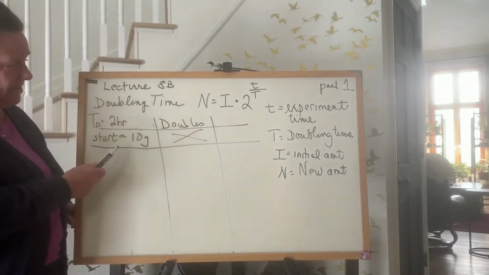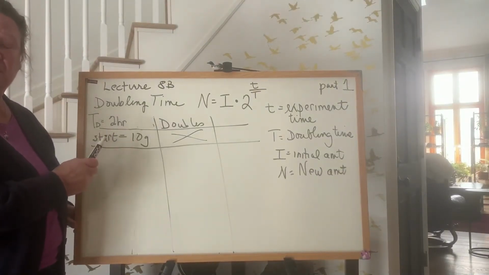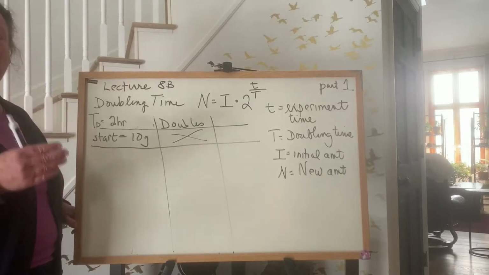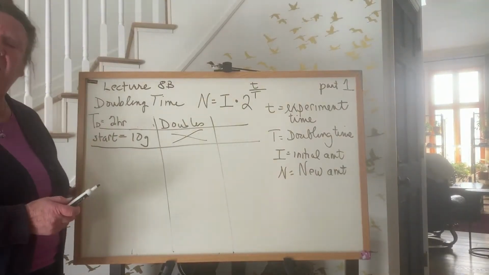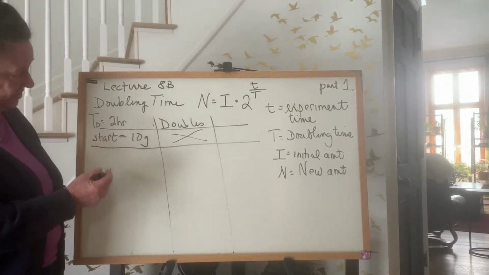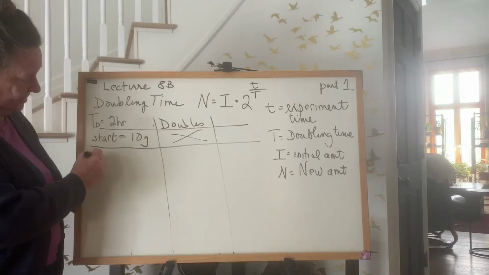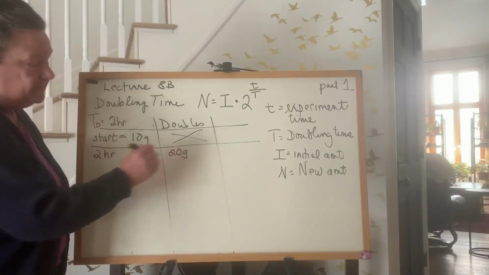So what we have here is a doubling time of 2 hours. In other words, every 2 hours the amount doubles. So we start with 10 grams of something. And 2 hours later, we have 20 grams.